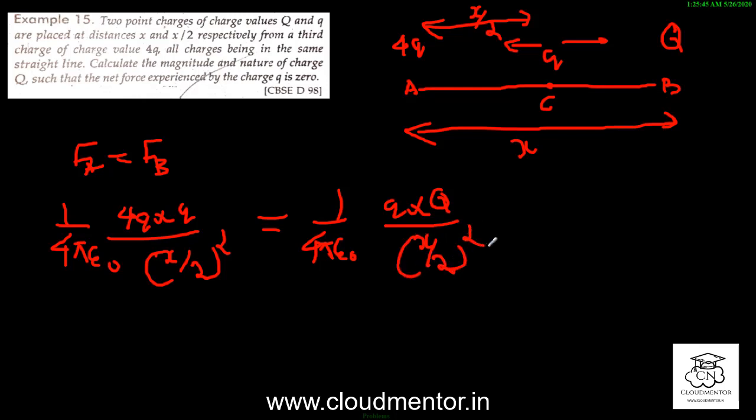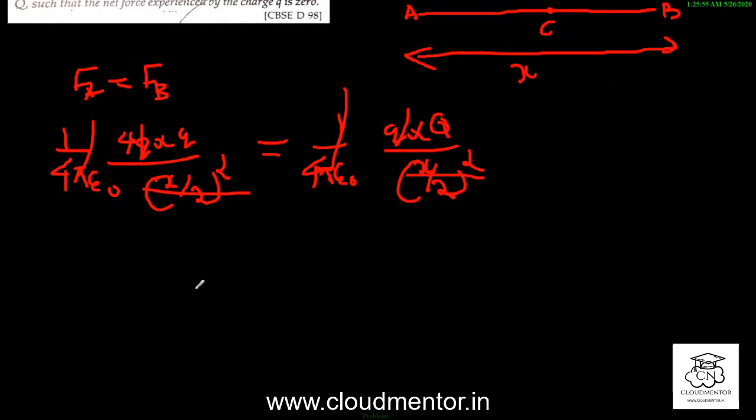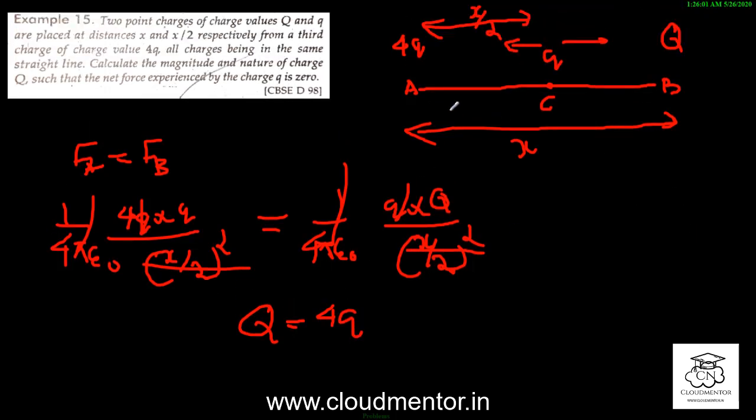Okay, and so x by 2 cancels out, so we get the capital Q as 4q itself, so both of them have the same charge.